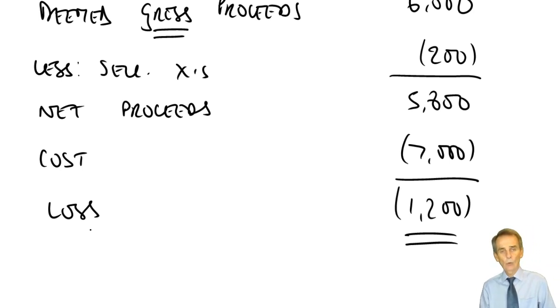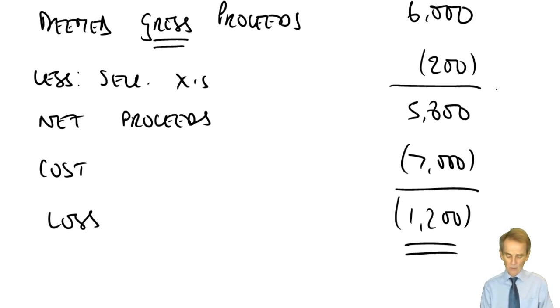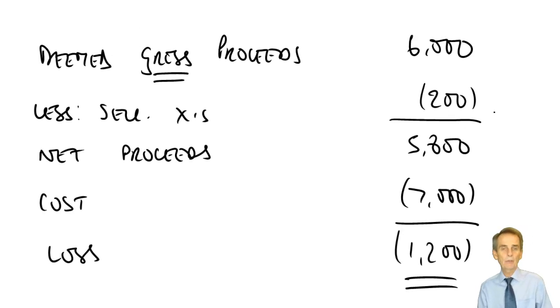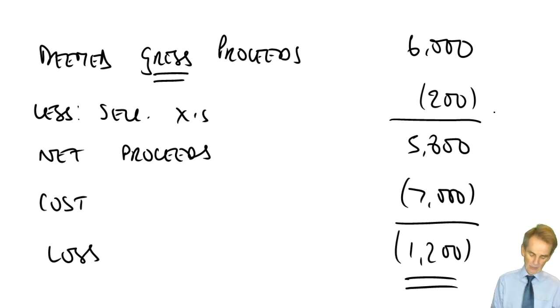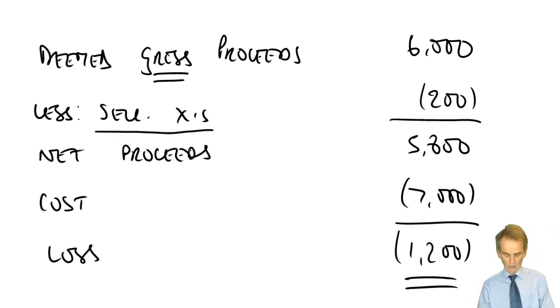So it's a perfectly normal loss calculation with one exception. We deem the gross proceeds to be exactly £6,000, the chattel exemption limit. Do remember it's gross, so we still get to deduct the selling expenses in determining the net proceeds, and then we deduct the cost. Now, of course, this is likely to be an objective testing question.